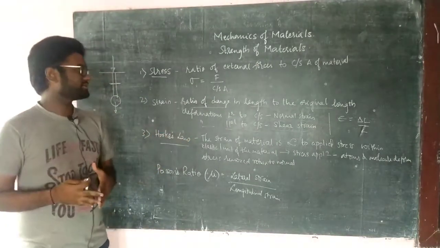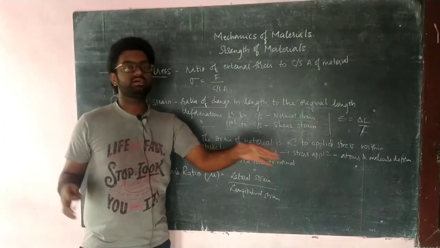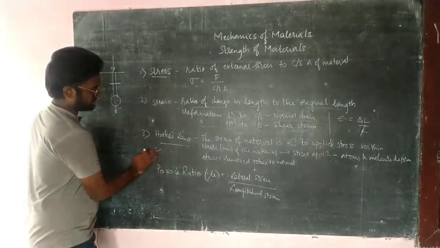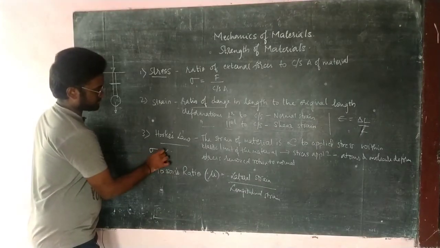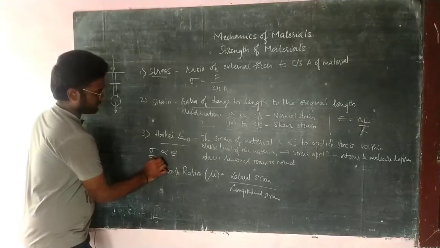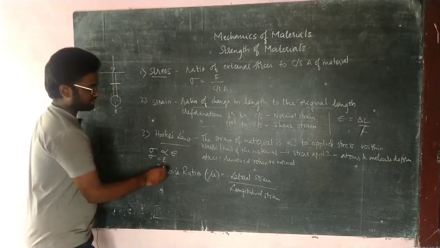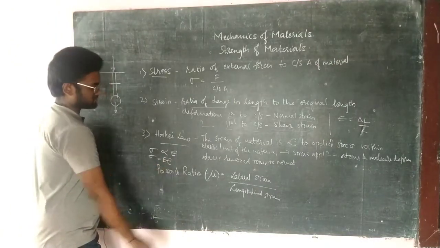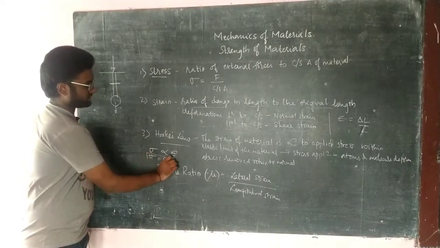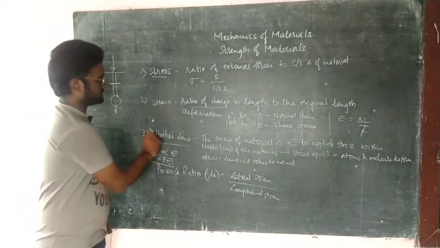So within that limit, stress is directly proportional to strain, which means E is the proportionality constant and epsilon is the strain. So sigma is equal to E into epsilon is the expression of Hooke's law.